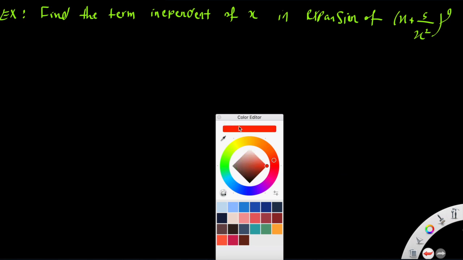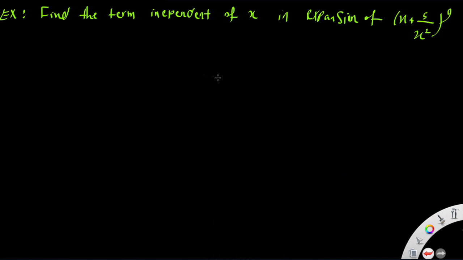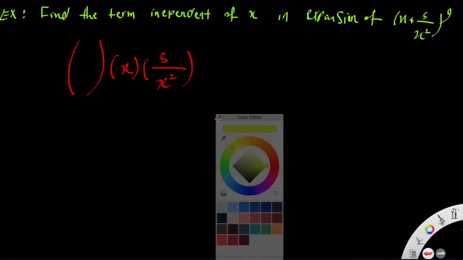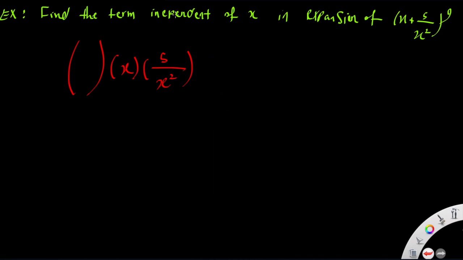Now, these types of questions are really common in A-level examinations. You have two terms, and I write the two terms now, and the combination before. It says independent of x. It means that there should be no x in this term.